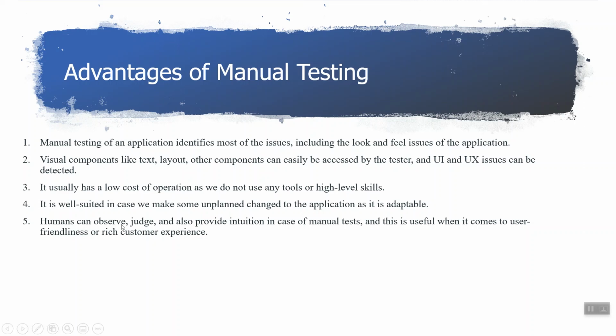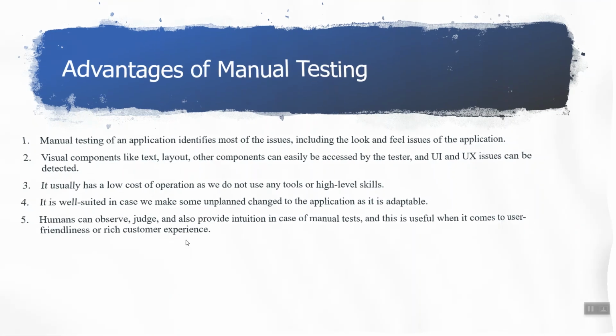Manual testing is well suited in case we make some unplanned changes to the application as it is adaptable. Humans can observe, judge, and also provide intuition in case of manual testing. And this is useful when it comes to user friendliness or rich customer experience. Okay, these are some of the advantages of manual testing.